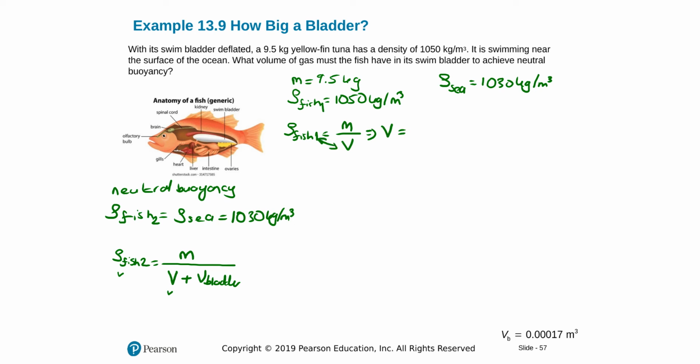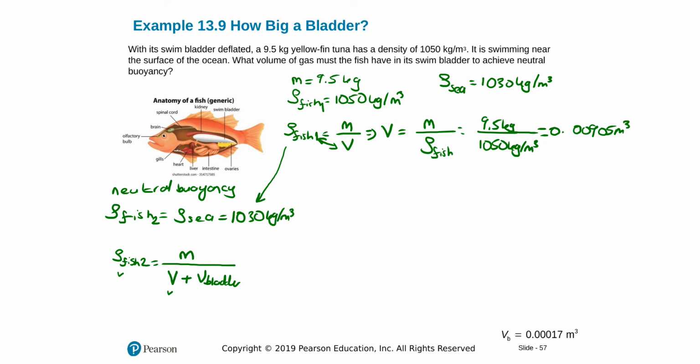So volume will be mass divided by the density of the fish. 9.5 kilogram divided by 1050 kilogram per meter cube. And that will be equal to a very small number, which is what we would expect, 0.00905 meter cube. I'm going to keep all the decimals here for a close to correct answer.